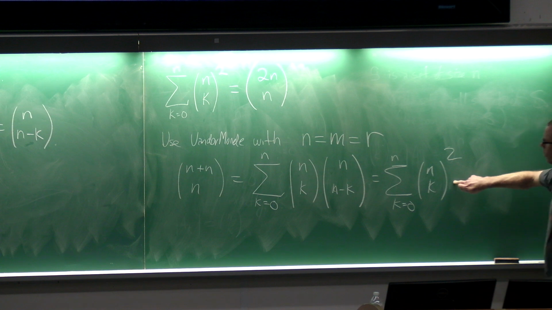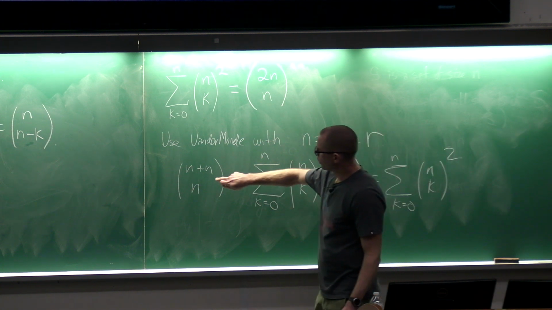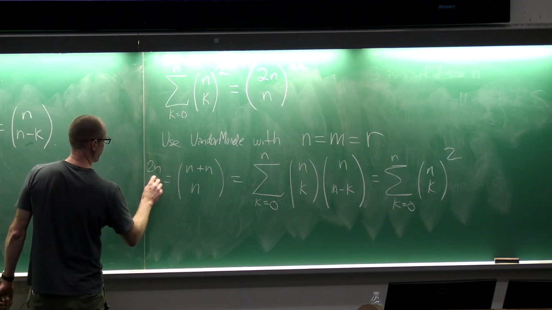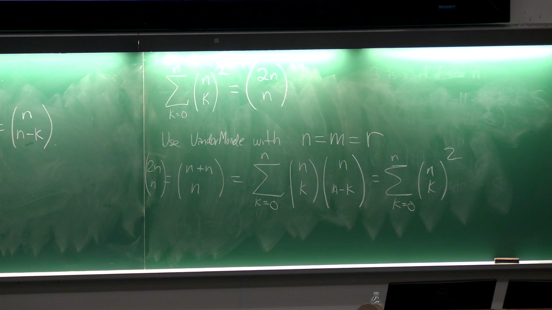So this is the sum of n choose k squared, which is what we're trying to prove. The sum of n choose k squared is equal to 2n choose n. So really strange and interesting behavior comes out of this triangle.